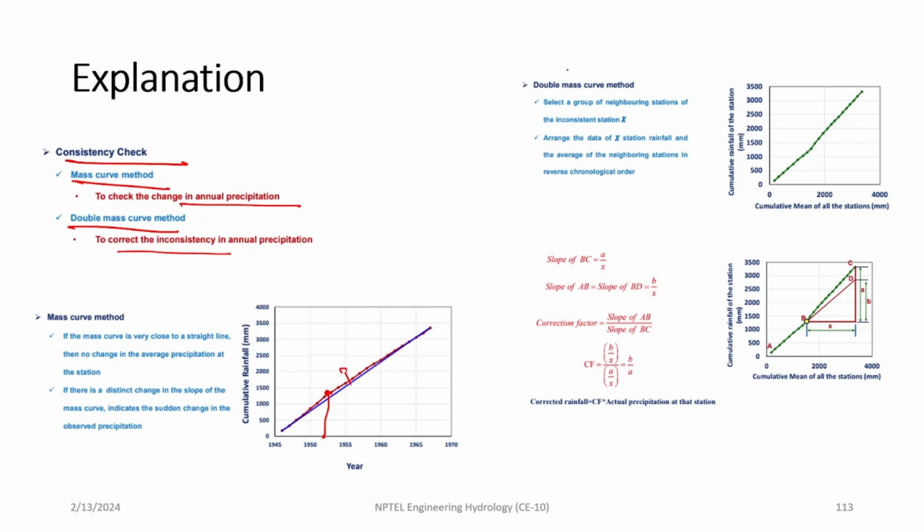In this particular picture you can see that there is a sudden change at this point. Can you note it? Yes. Now in order to correct this we can use similar geometry, and we can determine the correction factor, and by multiplying with the correction factor, we can compute the corrected rainfall values. Okay, just for your information only.